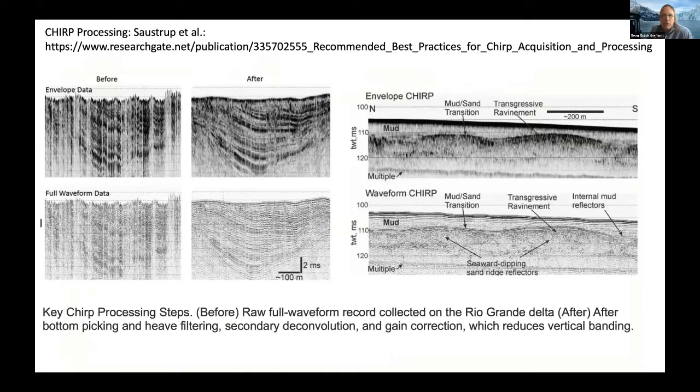But for those who are interested, you can grab it right off ResearchGate. If you just Google best practices for CHIRP, you'll find it. And just some examples of the kind of cleanup that we've been working with using just conventional seismic processing techniques, but not black boxing it anymore, and trying to actually get some better images where possible.